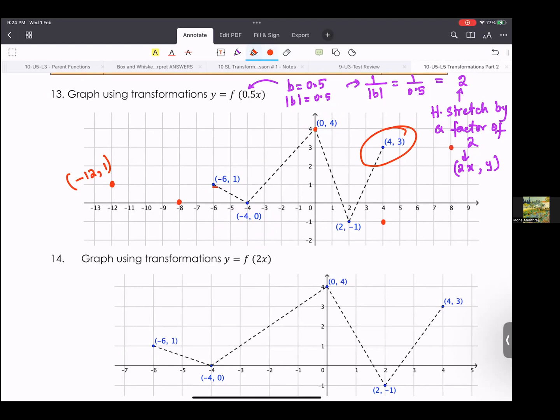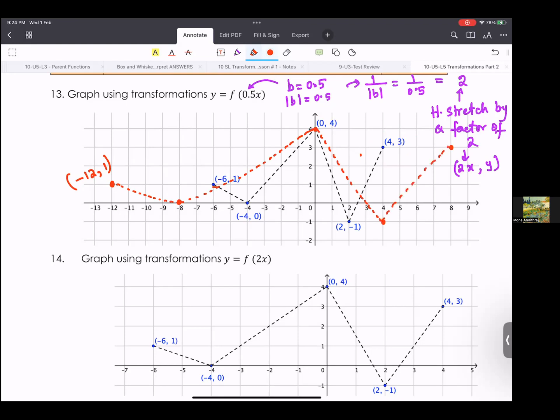8, comma 3. So these are the points. If we want to join the graph and just see how it looks visually, we're going to connect all those points. Since the original graph is a dotted line, I'm going to stick with that and continue doing a dotted line. So here we go. And this is a horizontal stretch.